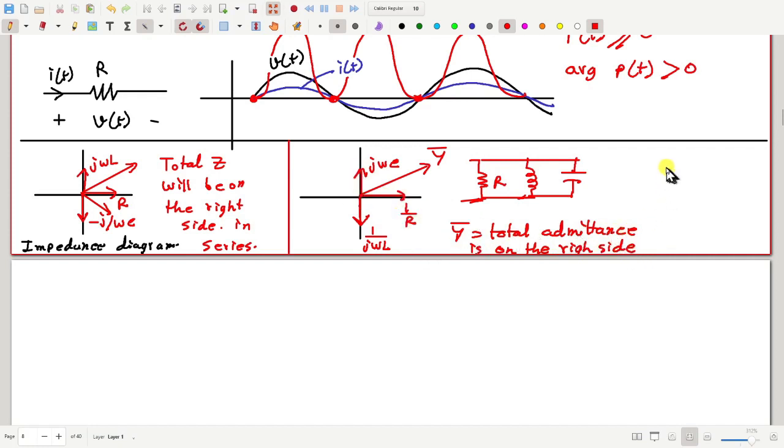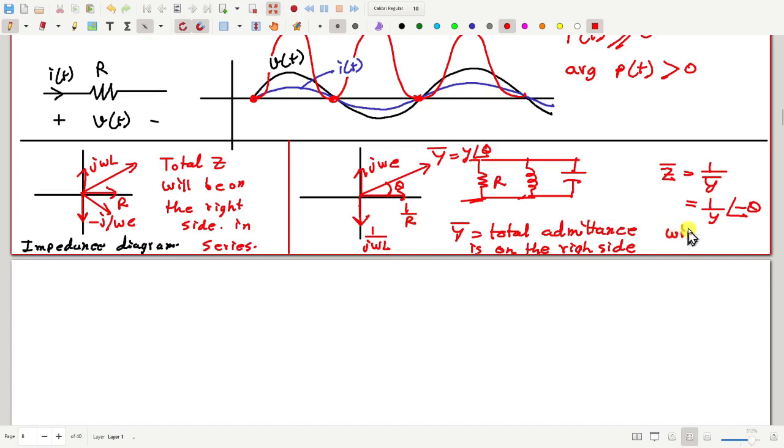Now if you calculate Z equal to 1 by Y, on which side will that Z be? Y is on the right side. So where will Z be? If Y is equal to magnitude Y at angle theta, then Z will be 1 by Y at angle minus theta. If this is theta, minus theta will be on the downward side, but that will still be on the right side.